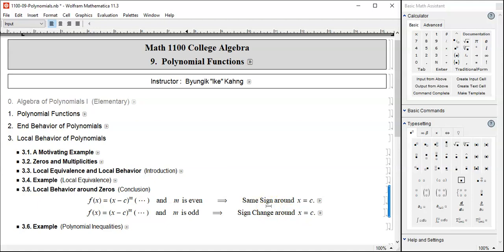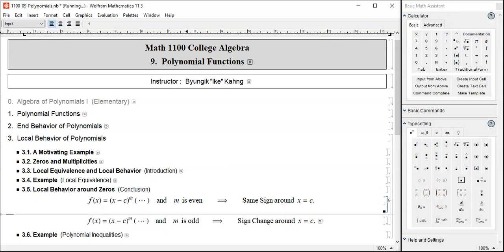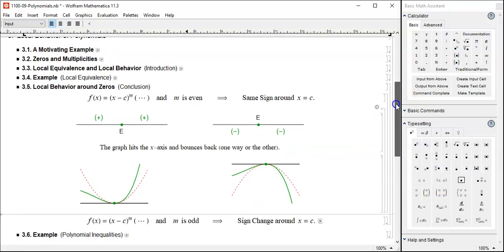So hit the x-axis and bounce back up or bounce back down, because we have to have a U-shape, either upside down or plain. Green is the polynomial function, hitting the x-axis and bouncing back up. And locally, it's behaving the same way as this shifted power function.